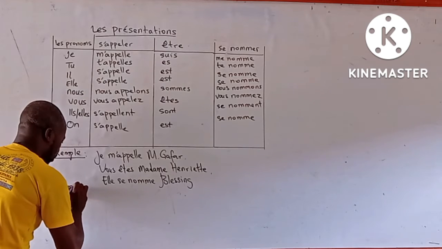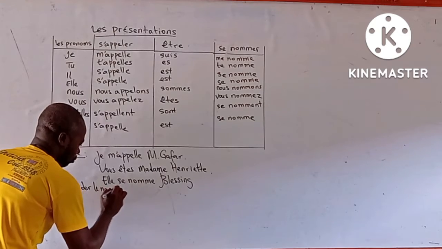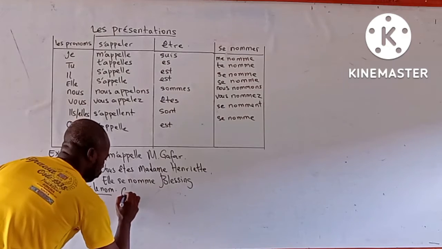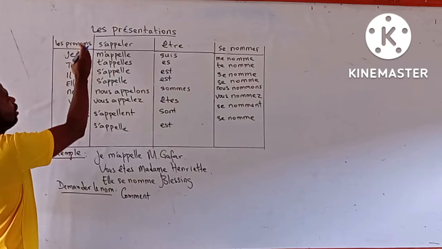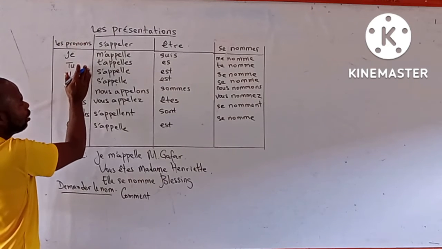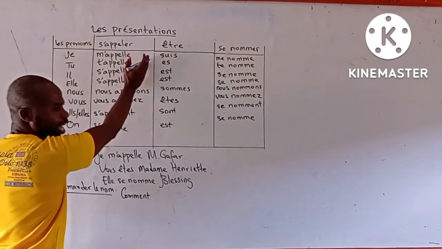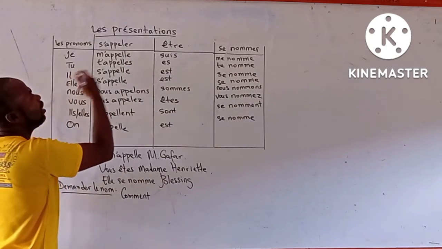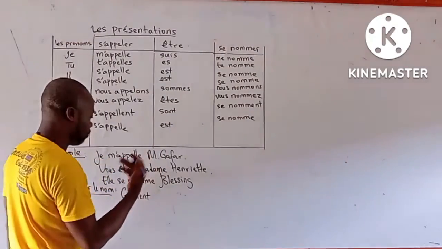Demandez les noms. Comment? This comment can be put before the verb s'appeler ou se nommer, c'est-à-dire, the comment will begin the sentence. Or it can be at the end of that sentence.